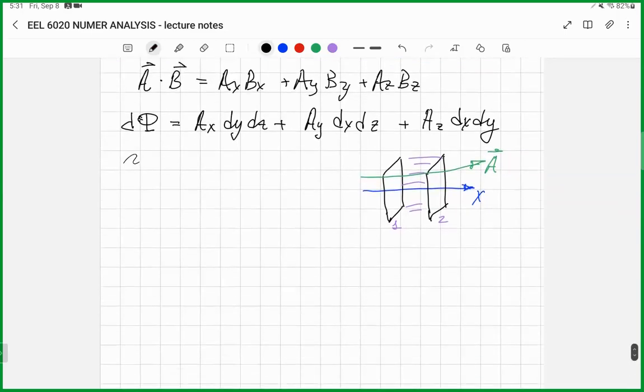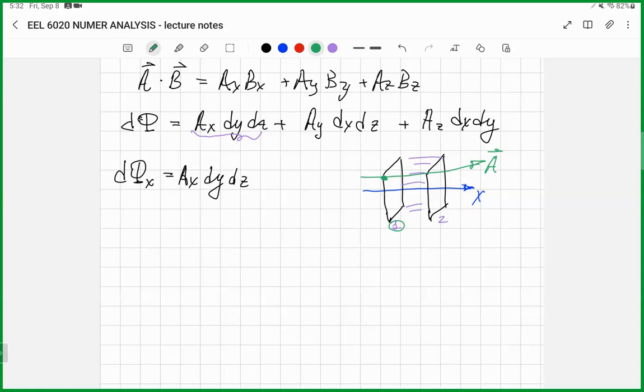So for the element of the flux through the element of the surface parallel to the axis x, I return to this formula here. So it's going to be ax dy dz. Okay. And by ax, I refer to the field amplitude at the element 1, right?